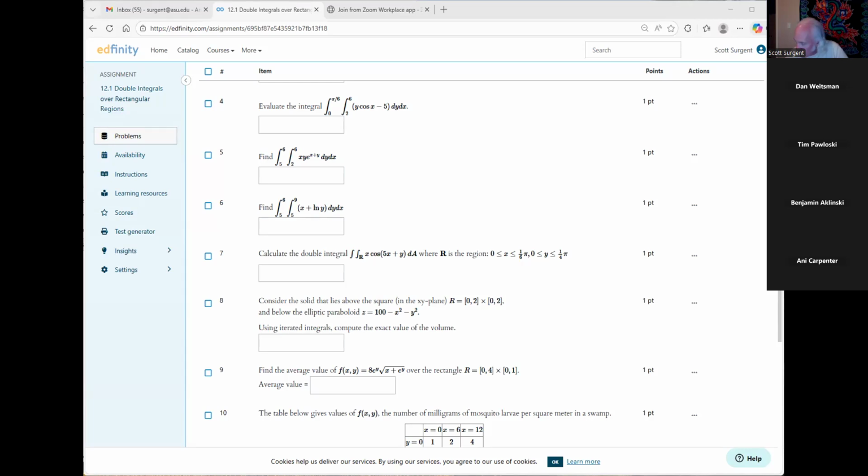It looks like the only difference is 100. Yeah, I think minus, that'll be fine. The bounds are written in a funny way, but it just means that x is between 0 and 2, y is between 0 and 2. Correct.